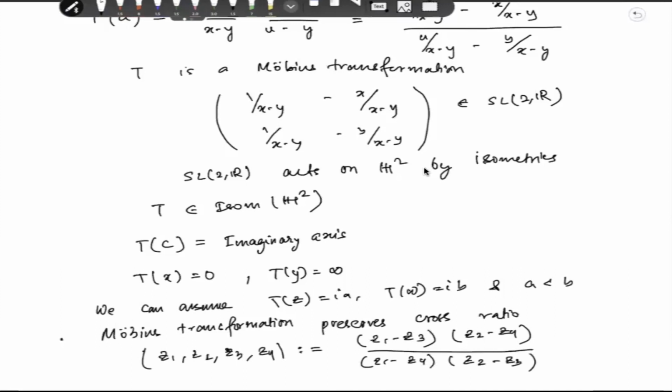This is my definition of cross ratio. A Mobius transformation preserves the cross ratio, so the cross ratio of T(Z1), T(Z2), T(Z3), T(Z4) is equal to that of Z1, Z2, Z3, Z4.